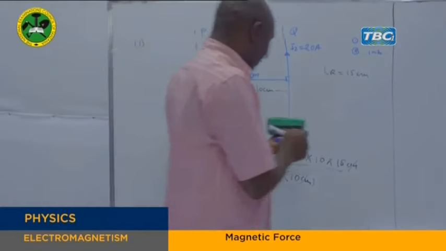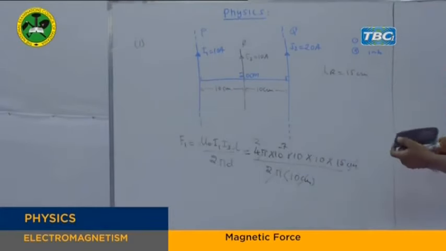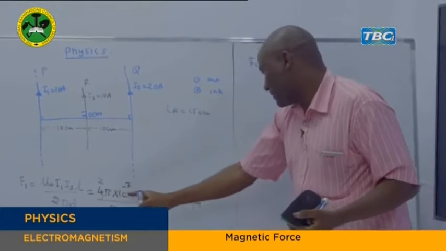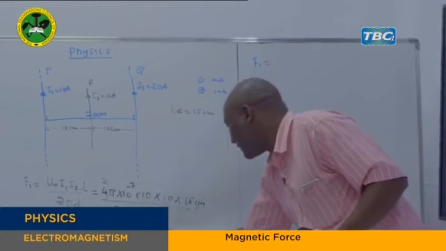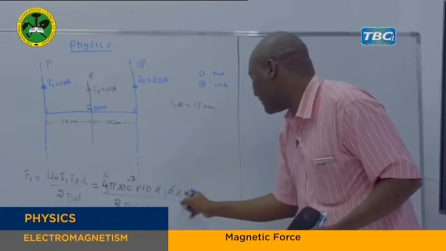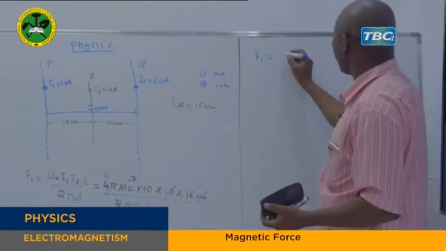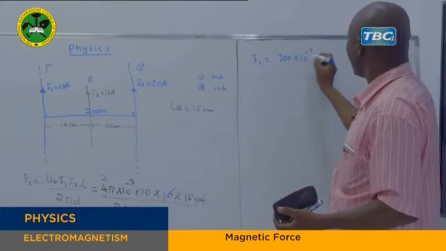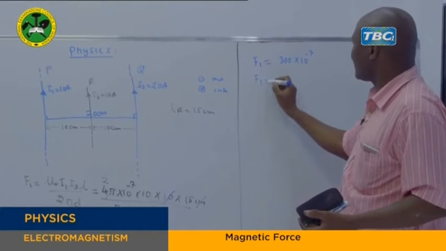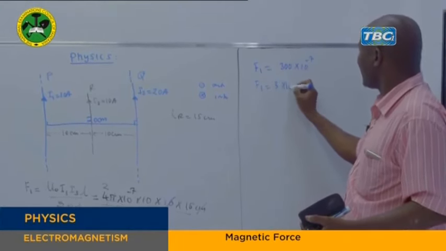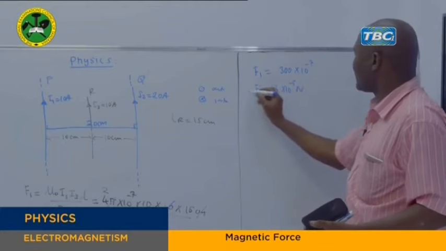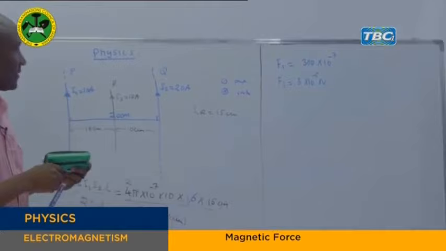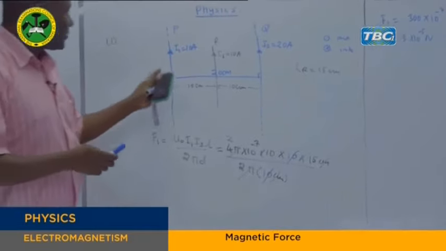You can compute that using your calculator, but even without it, F1 equals, this 10 and 10 you cancel out, so you have 150 times 2, 300, times 10 negative 7. And this gives us 3 times 10 negative 5 Newton. So this is the magnitude of the force F1 on R due to P.